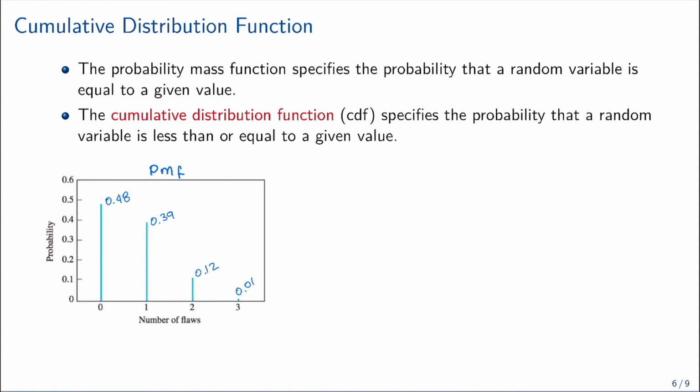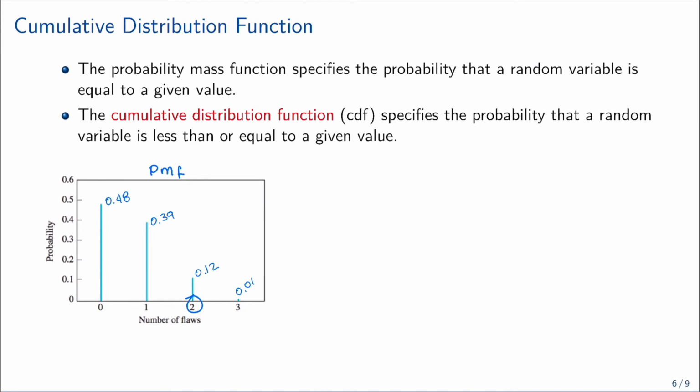Cumulative distribution function. The probability mass function specifies the probability that a random variable is equal to a given value. The cumulative distribution function, or CDF, specifies the probability that a random variable is less than or equal to a given value. Let's consider our previous example. Consider that we want to know the probability of having 2 or fewer flaws.